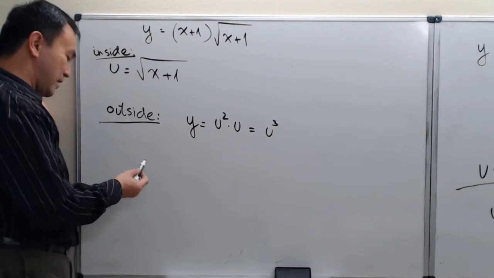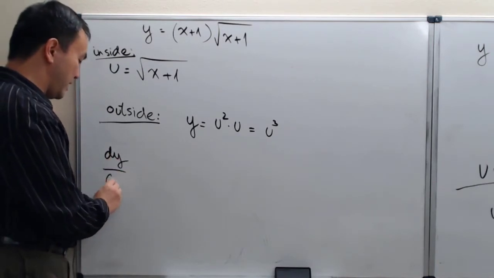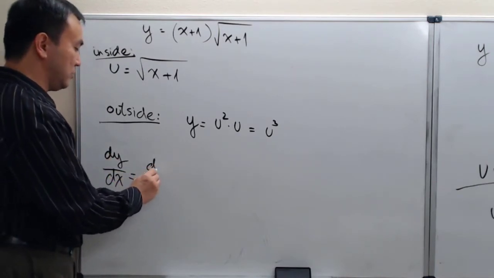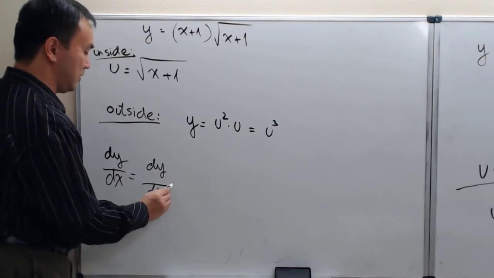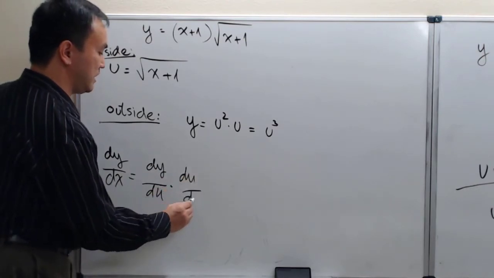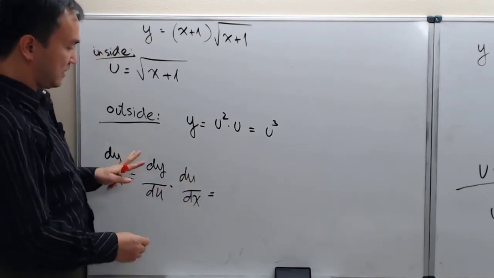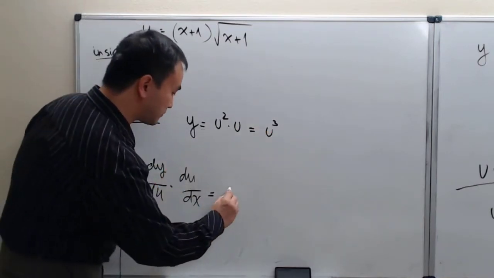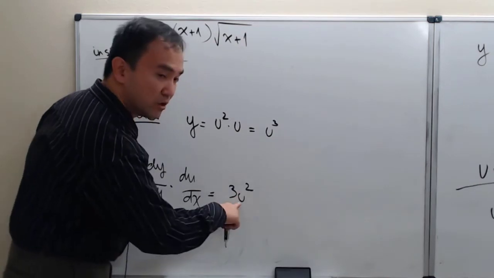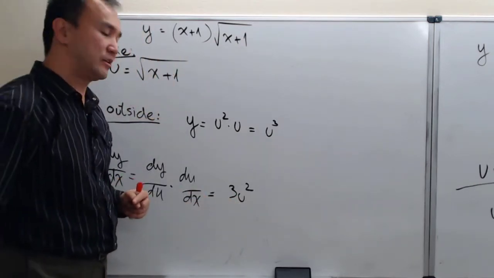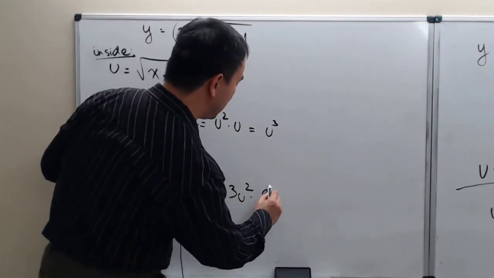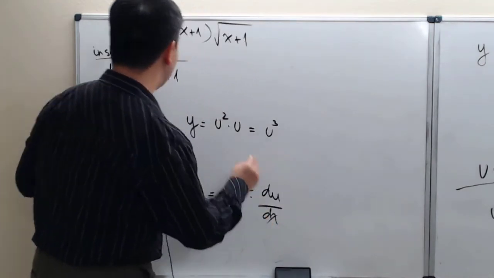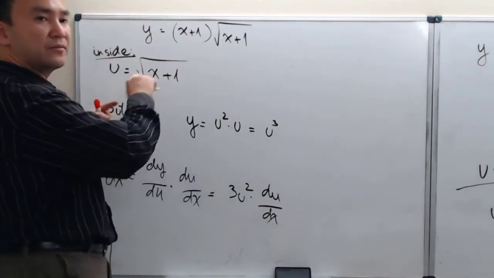So when it comes to the derivative, dy dx, of course we need the dy du multiplied with du dx. But think about it. The dy du is easy: 3u squared, and we will bring back the original meaning of the u. But now, what about the du dx? Is it easy to find the derivative out of this?